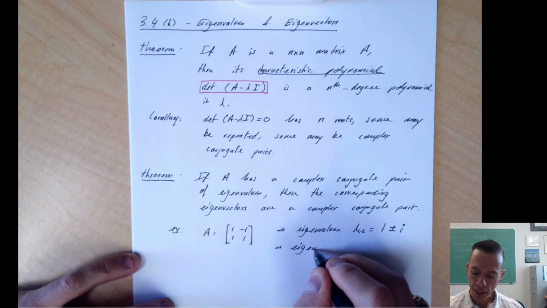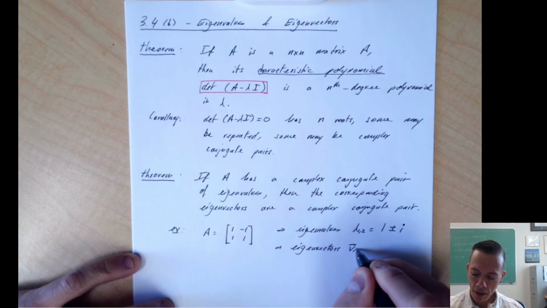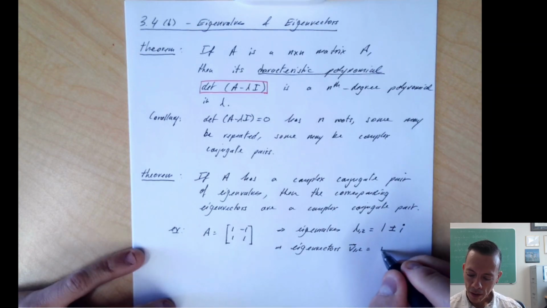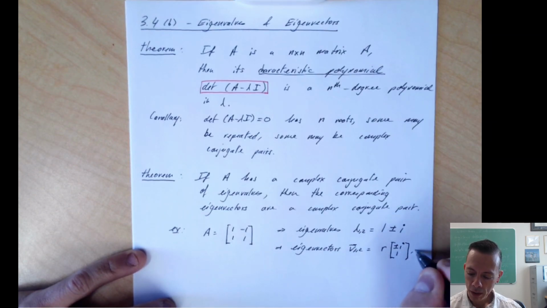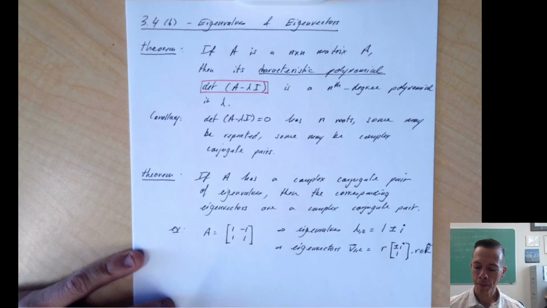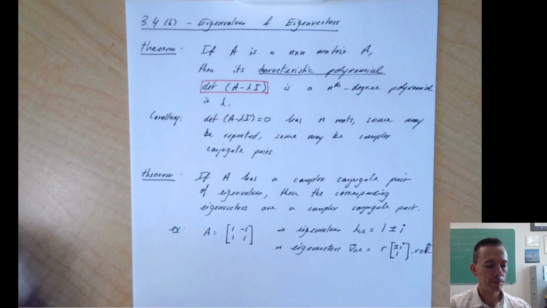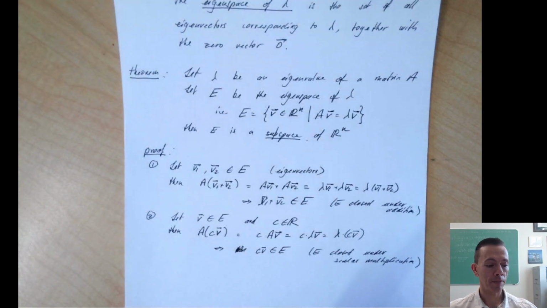And the corresponding eigenvectors are r times plus and minus i, 1, where r is all non-zero real numbers. Complex conjugate eigenvalues correspond to complex conjugate eigenvectors of the eigenspace.